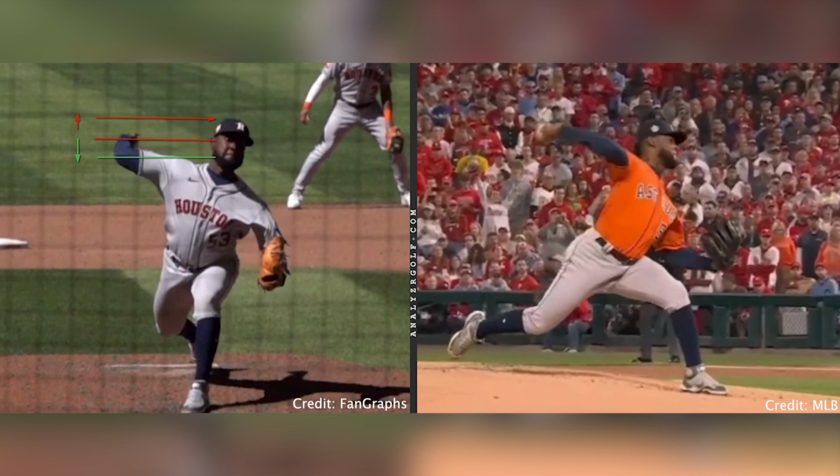Let's go ahead and take a look here on the right view just to ensure as well. And keep in mind in this angle, we're a little bit down low here, so he's probably a little lower than it appears here with the elbow. But again, we'll draw a line through the ear. So we'll say it's about right there, going through at 0 degrees. We can clearly see that if we come down here and draw a line through where the elbow is, that line is going to be underneath the ear line.